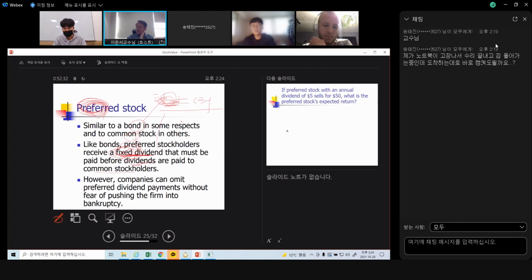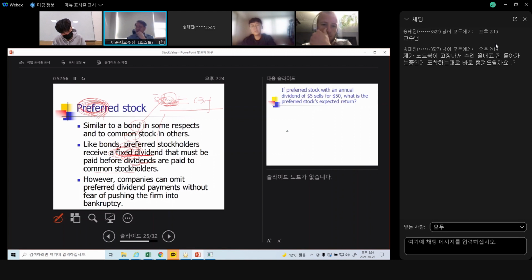So if the company cannot provide interest to the bondholders, it's going to be bankrupt. But it's okay even if the company does not provide a dividend to the preferred stockholders, that's not a requirement, right? So that is a stock characteristic, not a bond characteristic.